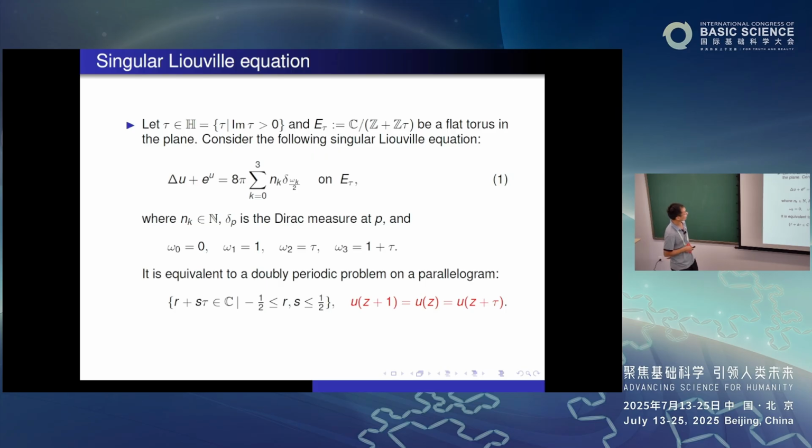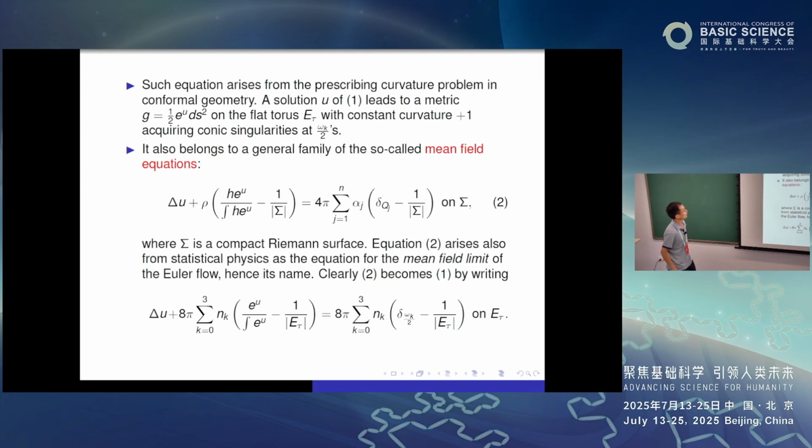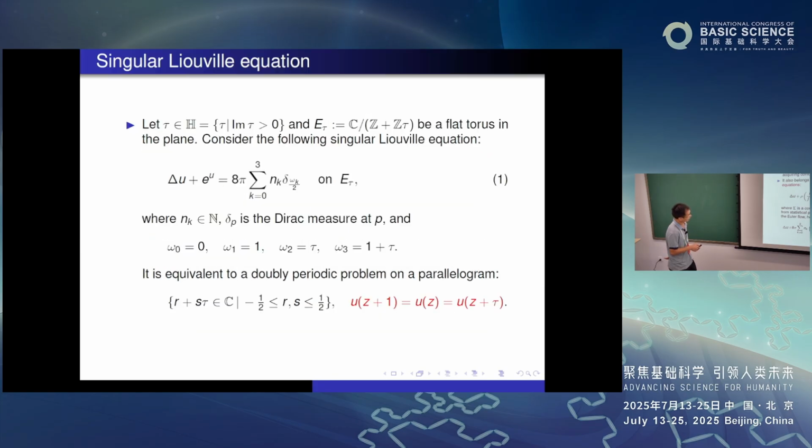So we start from this simple looking elliptic equation. This equation arises from the prescribing curvature problem in conformal geometry. The solution u will lead to a new metric g on the flat torus with constant curvature positive one, but has some conical singularities at these points, because the right-hand side has some Dirac measures.